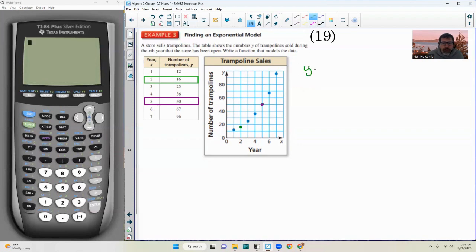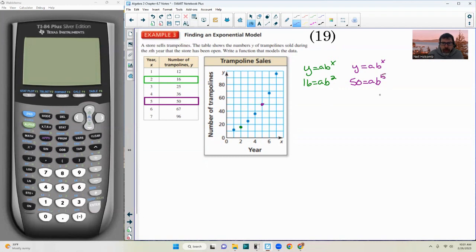So first thing you do is write the function y equals a times b to the power of x. With y equal to 16, that's 16 equals a times b to the power of 2. I'm also going to write y equals a times b to the x again, but now y is 50 and x is 5.